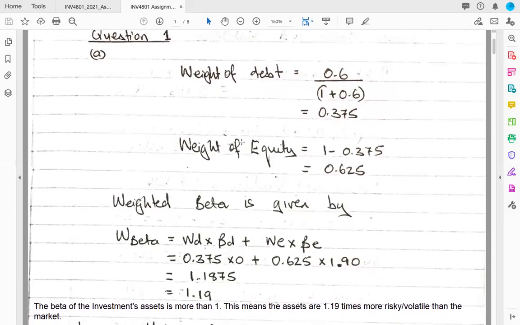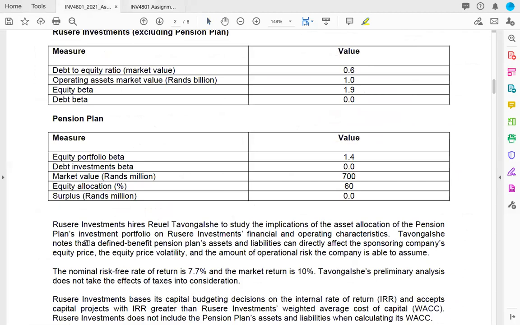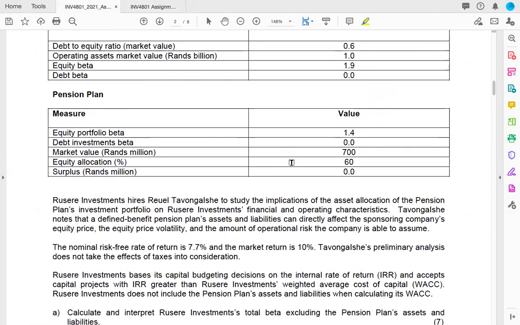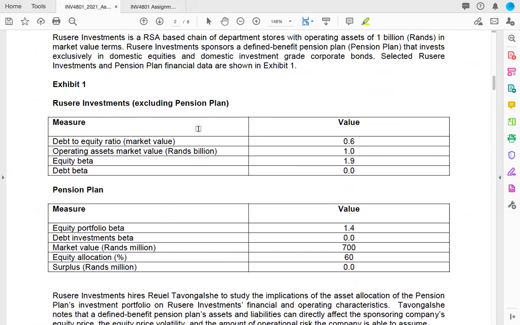Okay, now the first thing we need to do when we want to determine the investment's total beta, excluding the pension assets and liabilities, it means we're just focusing on the investments. We first need to determine the weight of debt in our assets, how much of our assets are invested in debt, and we also need to determine the weight of equity.